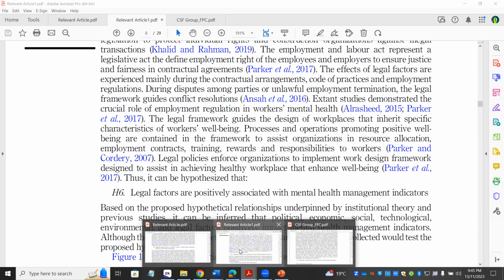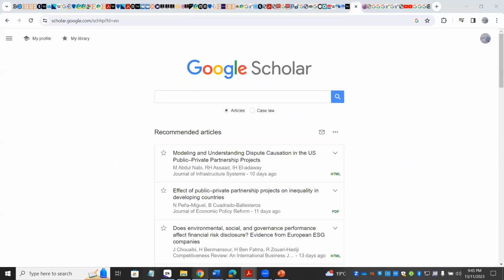I don't want you to be confused. You can use his approach, which is okay, but in order not to have a narrow view of how hypotheses are developed and also not to be confused, I want us to look at some other articles.